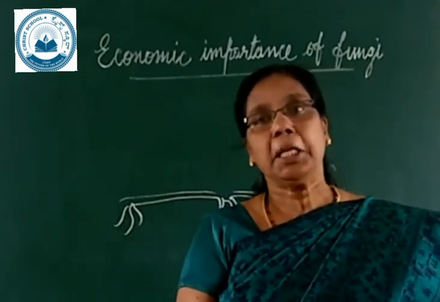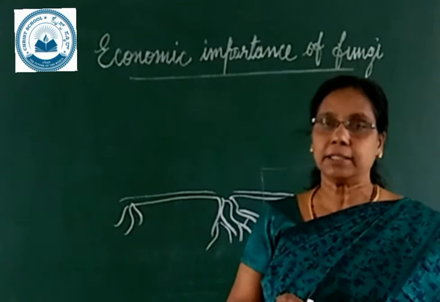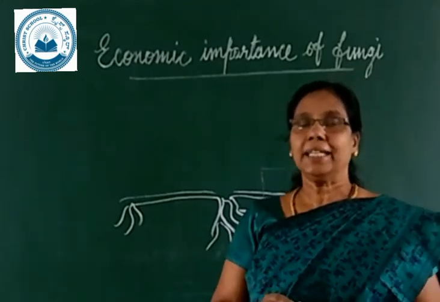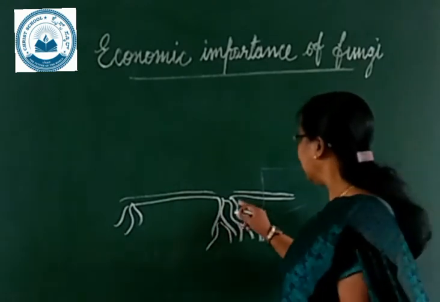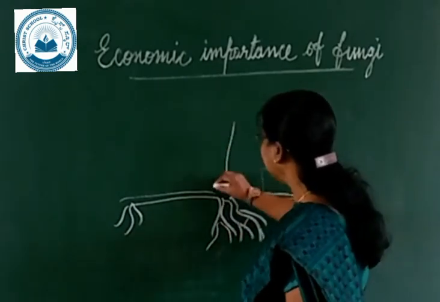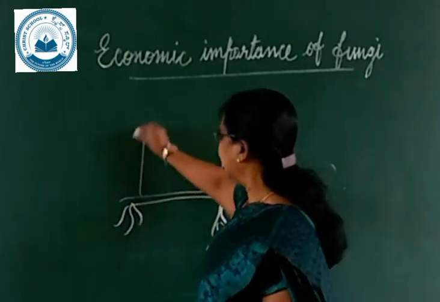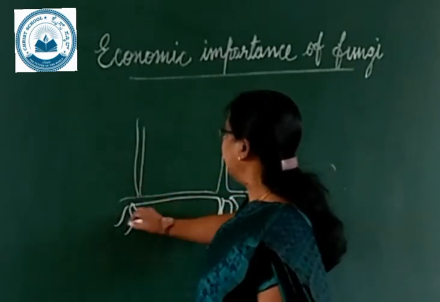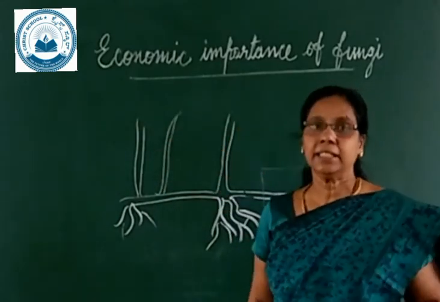Coming to the reproduction of these fungi, especially bread mold or Rhizopus, at the time of reproduction a few hyphae will become erect in structure. Here and there, you can see these hyphae become erect, or straight.